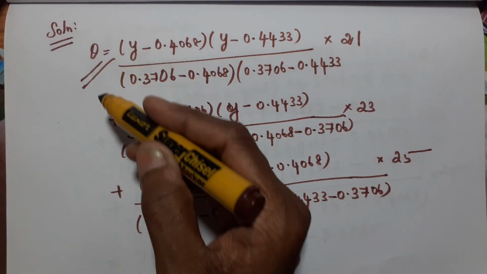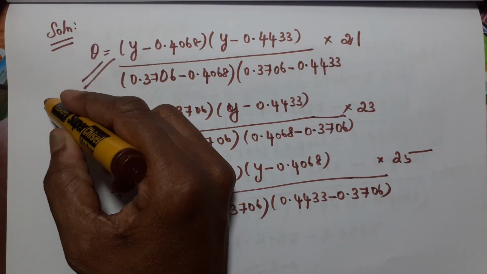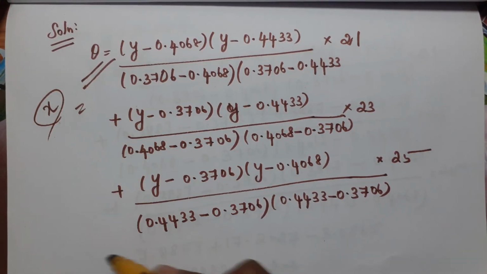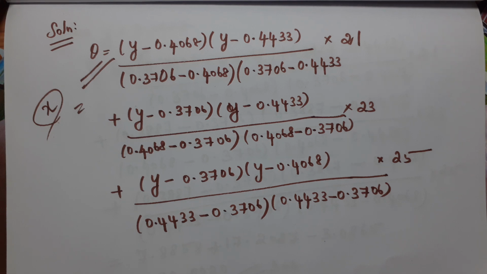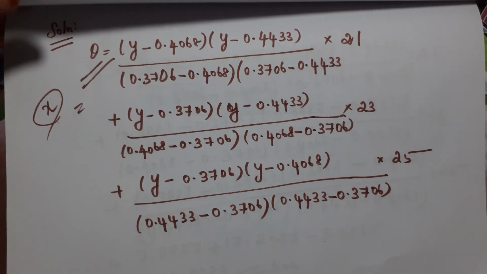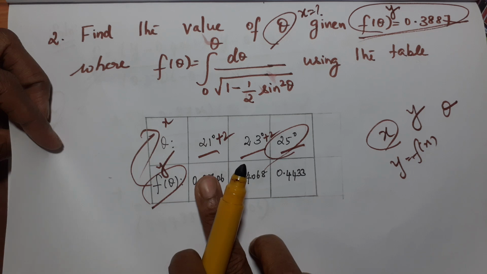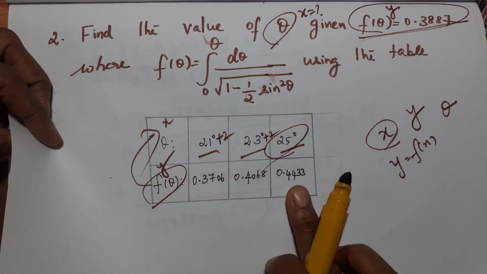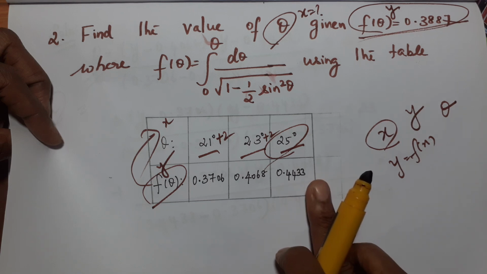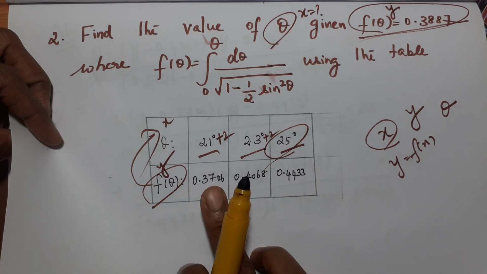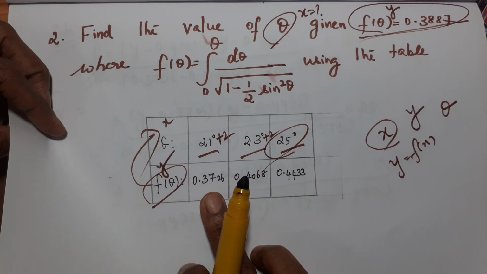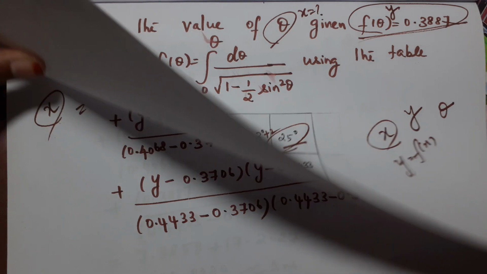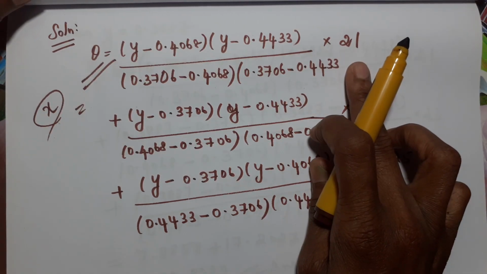So what's the formula first? In our formula, we take x on the left side and y on the right side. Instead of x, here they have used the variable theta. So the first term: y minus 0.4068 into y minus 0.4433, divided by, with every y replaced by the first value, 0.3706, into the respective x value 21. Clear?